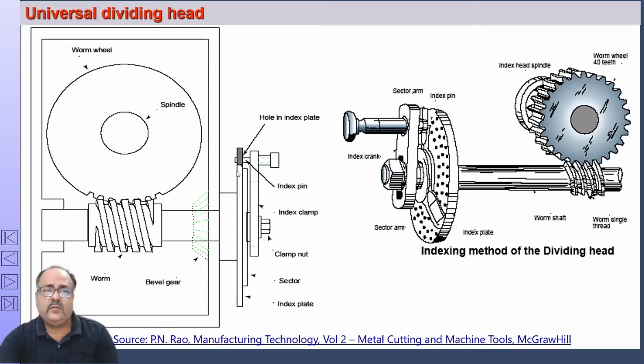This wheel has 40 teeth, and therefore, if we rotate the worm by one rotation, the worm wheel will rotate by 1/40th of a rotation, and if you rotate the worm by 40 rotations, the worm wheel will rotate by one rotation, that is, the workpiece rotates by one rotation. So please remember this. There is no reason why it is 40. The initial Brown and Sharp universal dividing head had 40 teeth, so it is continued like this.